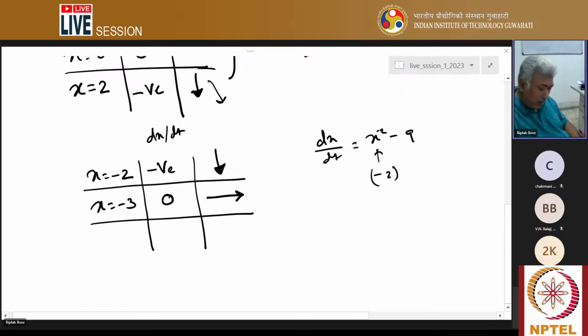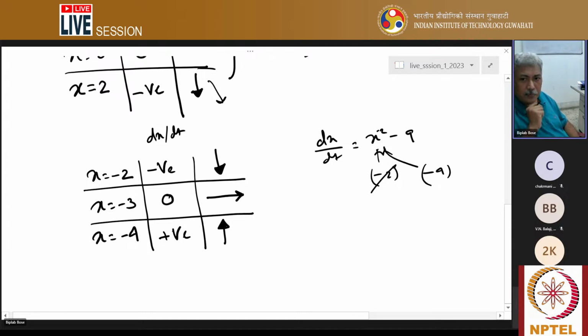And in the lowest row, I will take a value lesser than the steady state. The steady state is x equal to -3, so I will take x equal to -4. 16 minus 9 is a positive value, so my arrow should point up. So in this case, the arrows from both top and bottom are pointing to the steady state.